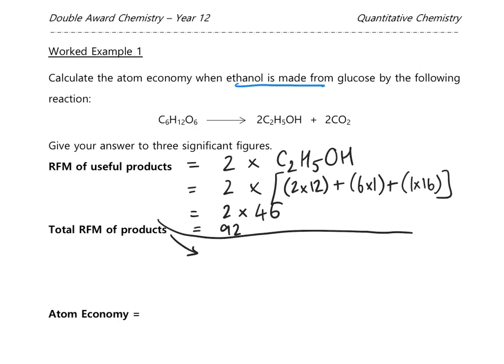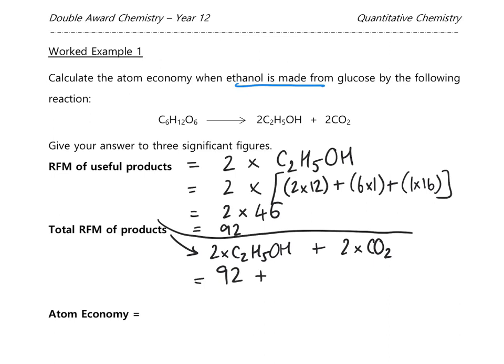So total RFM of the products, what you have is 2 ethanols and 2 carbon dioxides. I've actually just worked out the mass of 2 ethanols. I've actually just done this calculation. You can do it again if you want, but there's no real point. So you can just put that in as 92.